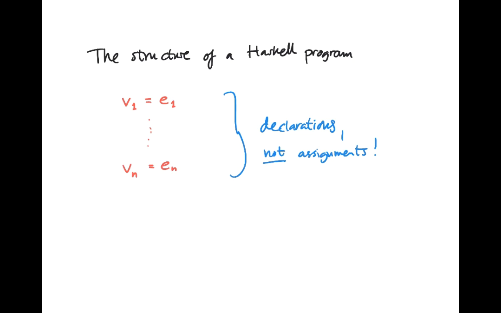What we're going to do now is look at these expressions and see what expressions can look like. We'll look at expressions and their types. Before we do that, let's have a look at the types very briefly. In Haskell, types are grouped into type classes.